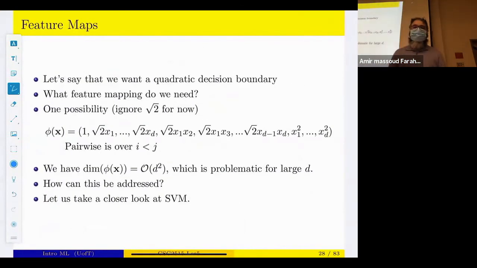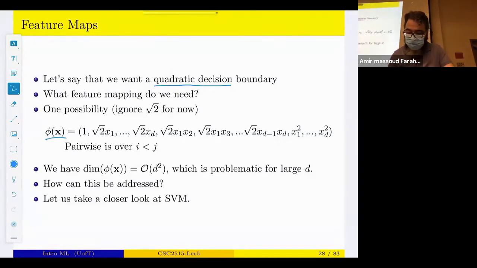For example, if you want a decision boundary that has a quadratic form, we can choose a feature which looks like this quadratic expansion.